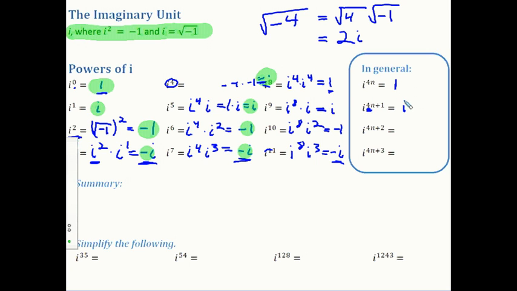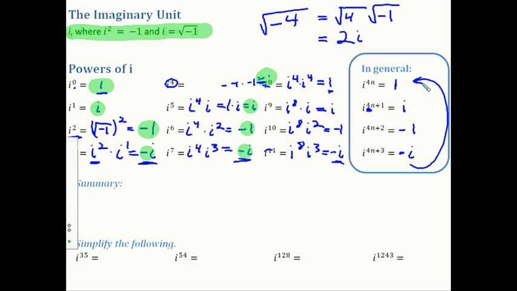Anytime it's 2 more than a multiple of 4, so 2, 6, 10, the next one would be 14, you're going to get negative 1. And anytime you're 3 more than a multiple of 4, you're going to get negative i, and then it would repeat. And it just keeps repeating.